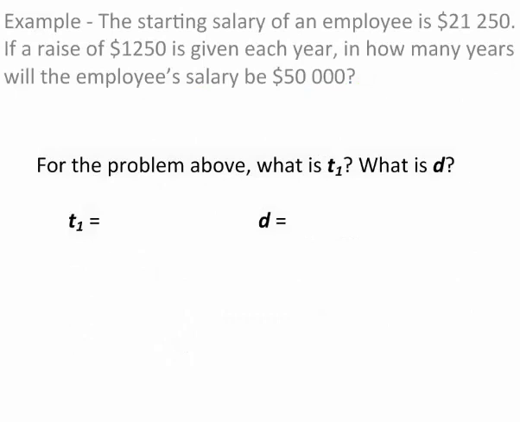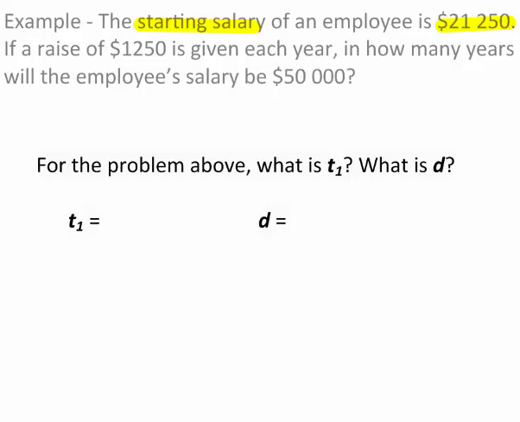Let's look back at the example we started with. For this problem, what is T1 and what is d? Well, T1 is our very first term, so we can use the clue that we have a starting salary, so this is happening at the beginning, of $21,250, and then d is that common difference that it's changing by each time.